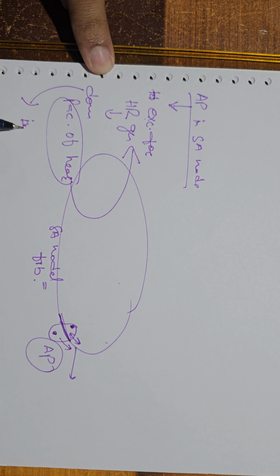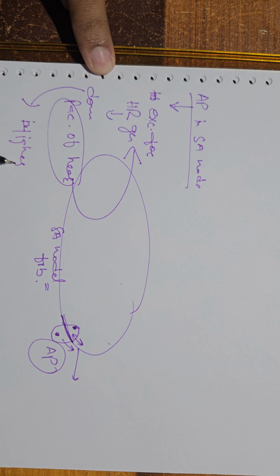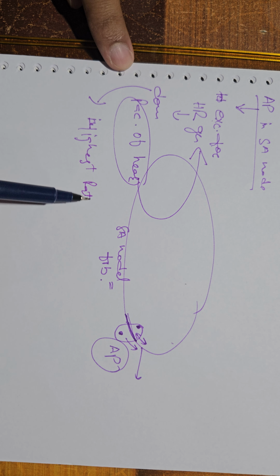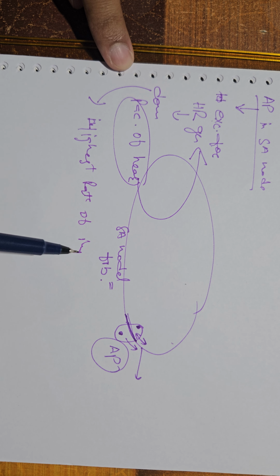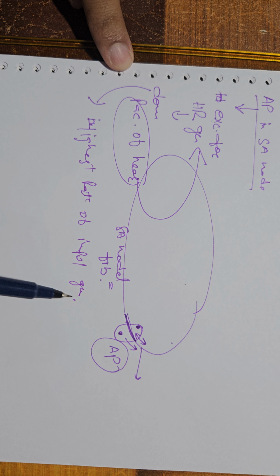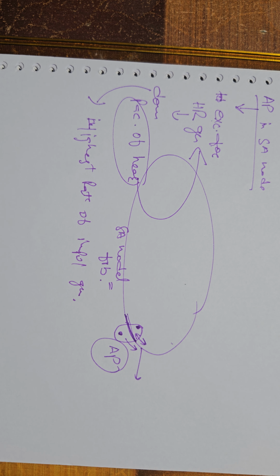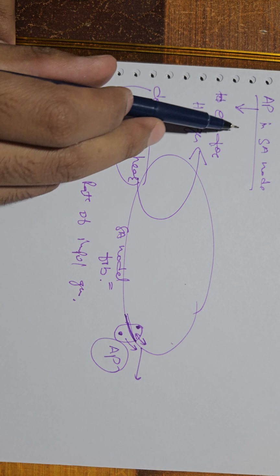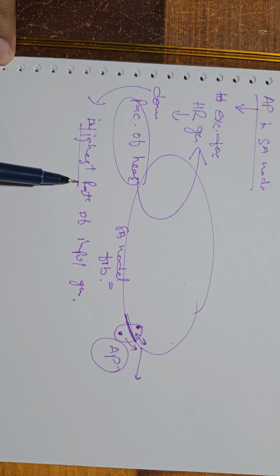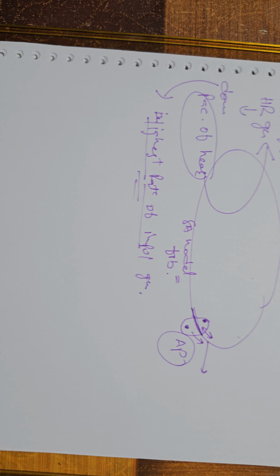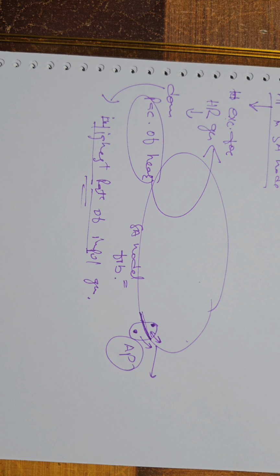Because it has the highest rate of impulse generation. Clear? There are other pacemakers in the heart, but only SA node is dominant because it has the highest rate of impulse generation. Other pacemakers have a low rate of impulse generation. So SA node is called the dominant pacemaker of the heart.